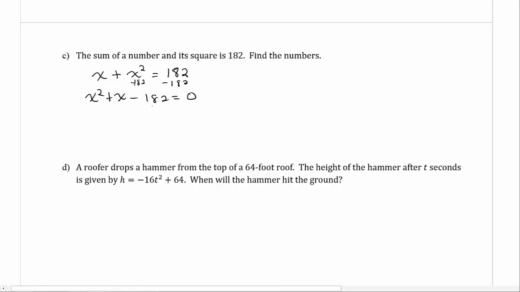So now the question is can I factor 182 so that the sum would give me 1? And so you can take out your calculator and just try to find some numbers that divide into 182 evenly.